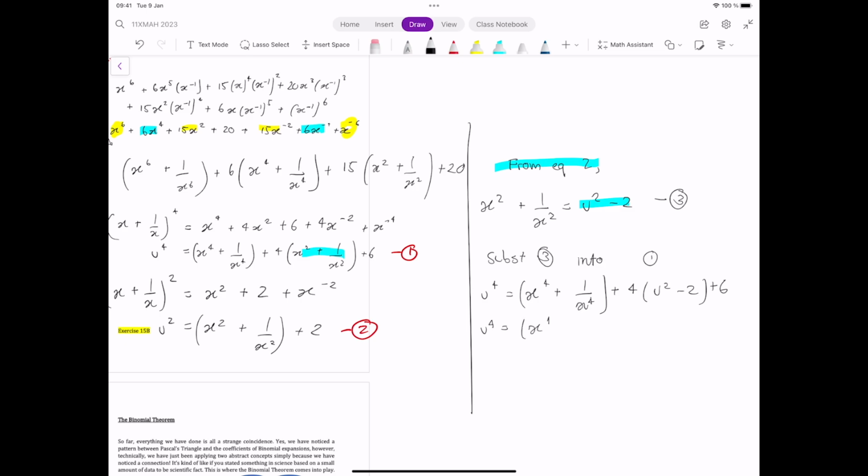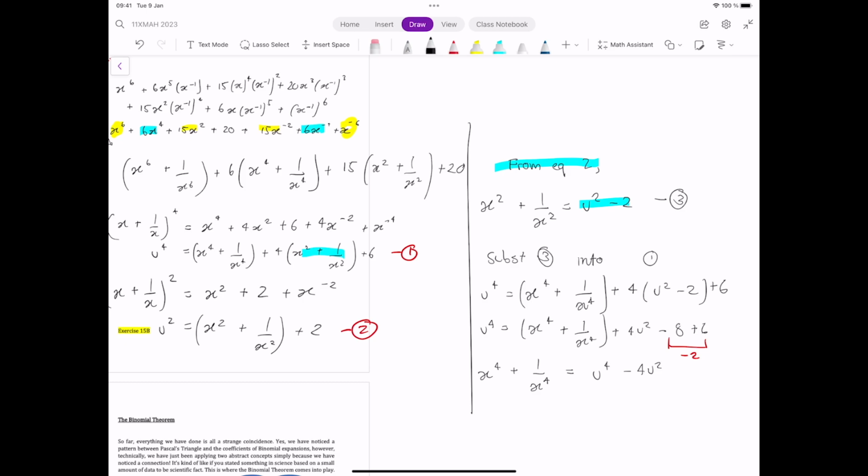which is u to the power of 4 is equal to x to the power of 4 plus 1 on x to the power of 4 plus 4u squared minus 8 plus 6. Rearranging that, we're going to say x to the power of 4 plus 1 on x to the power of 4, which is what we want in the original expression, is equal to u to the power of 4 minus 4u squared minus 8 plus 6, is minus 2.